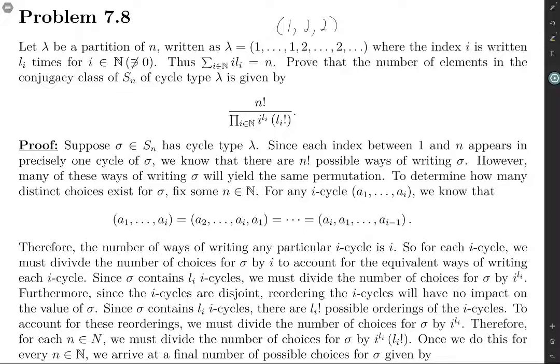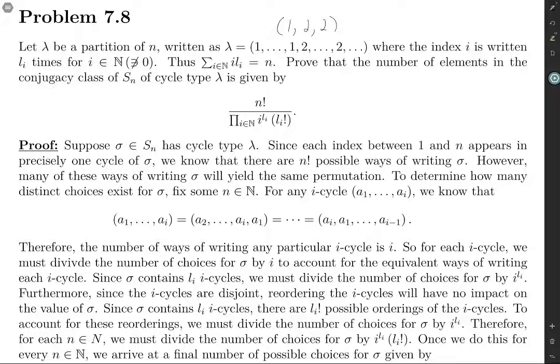So we want to prove that this formula down below is the number of elements in the conjugacy class of Sn of cycle type lambda. Basically, that's because the conjugacy classes in Sn are determined by the cycle types if you write an element as a disjoint union of cycles.